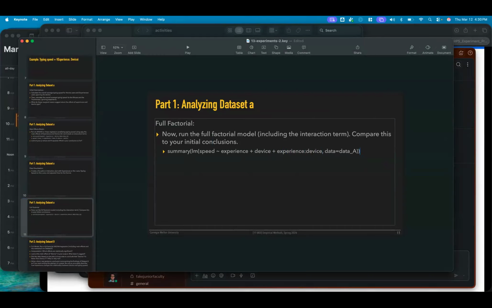I don't know what the Python syntax for something like this is. This is what it would look like in R, or alternatively, the shorthand would be the following. Experience times device. This is what this would look like in R. So now we're adding an interaction term between these two variables, right?